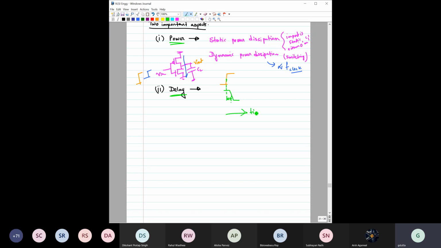This is the time axis. There is a delay between input and output, caused by this RC delay, the resistance offered by these transistors and the load capacitor.